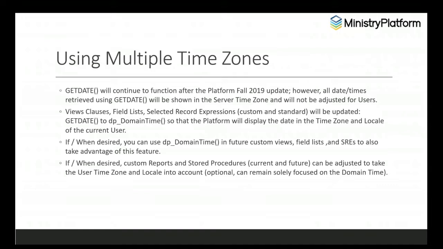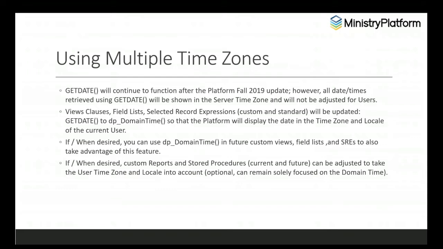We've got a new token, DP_DomainTime, which will effectively be the same as getDate for the moment, but in the future it's going to allow us to have some offsets for the user. We also have a couple of other DP level tokens that you'll see in a few minutes: DP_UserTime and DP_UserTimeZone, amongst some others.